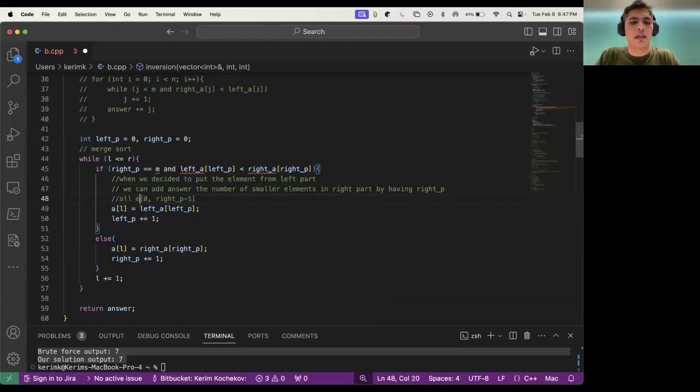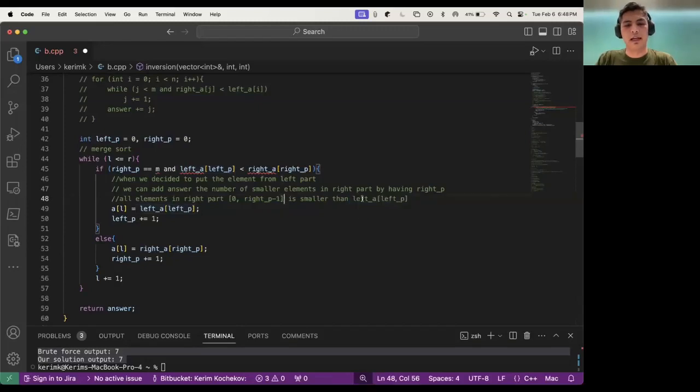the current left part's element, which is at the left position. So all elements in this part on the right side are smaller than this element.